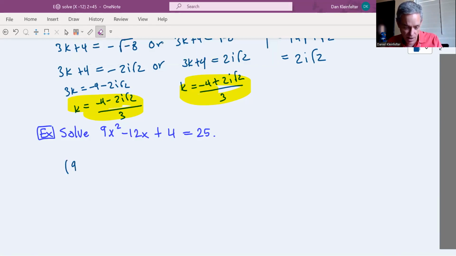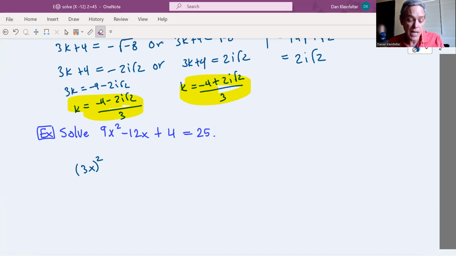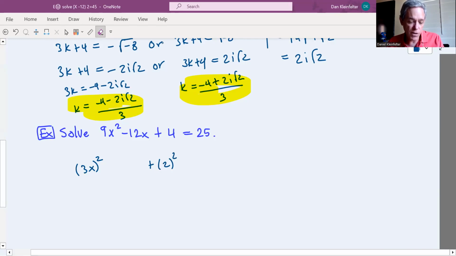It may have been a little while since you've done that, so let's work our way through it. 9x² is a perfect square, right? It is (3x)². And the 4 in the back is 2². And then that -12x in the middle is -2 times the 3x.